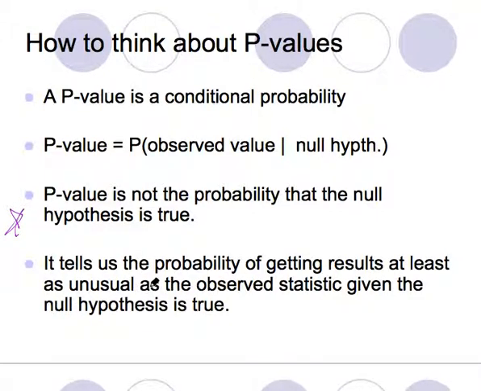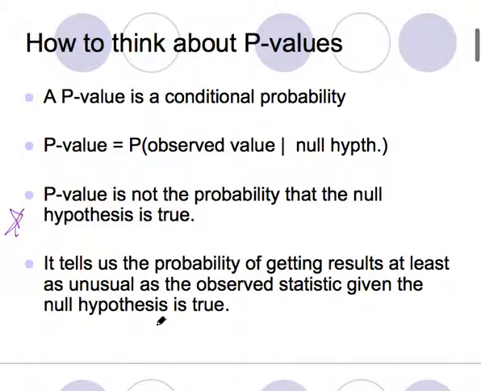What it does tell us is the probability of getting results at least as unusual as the observed statistic, given the null hypothesis is true. So we're comparing that observed statistic against what the null hypothesis says, and then we're saying, well, we have enough information here to reject the null hypothesis, or we fail to reject it, because we never say that the null hypothesis is true.